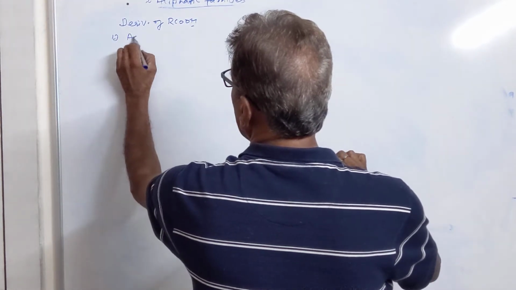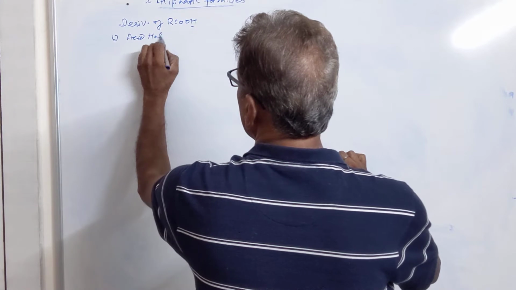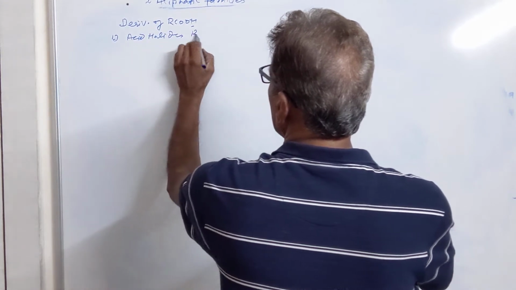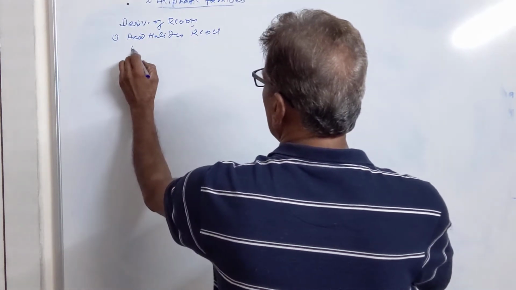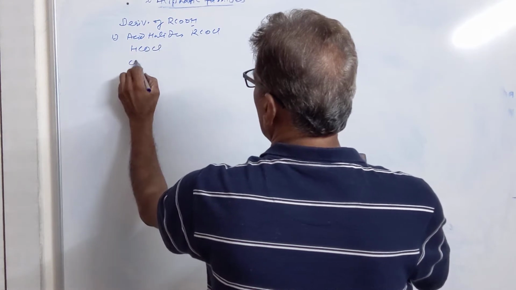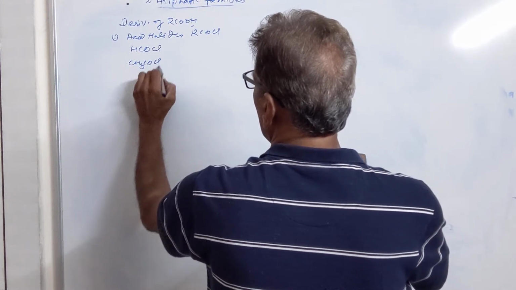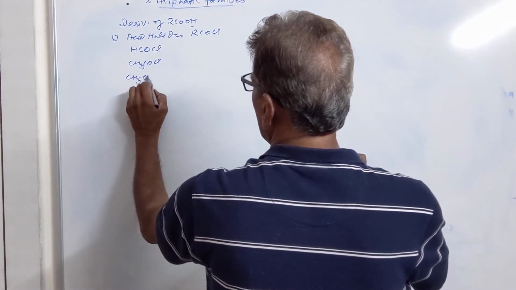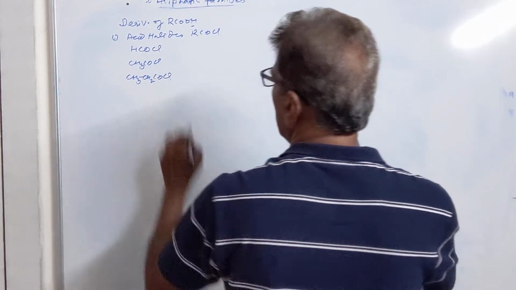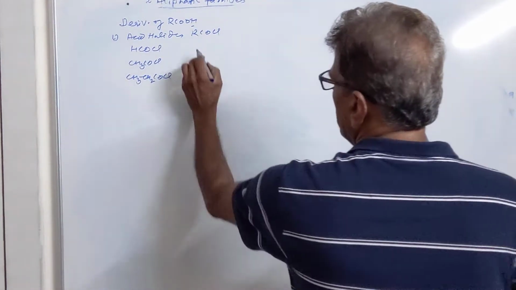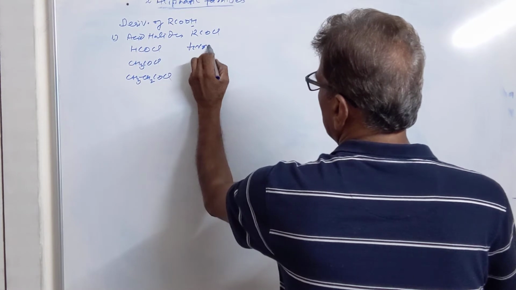First class is acid halides. This is RCOCl. Common name is formyl chloride.